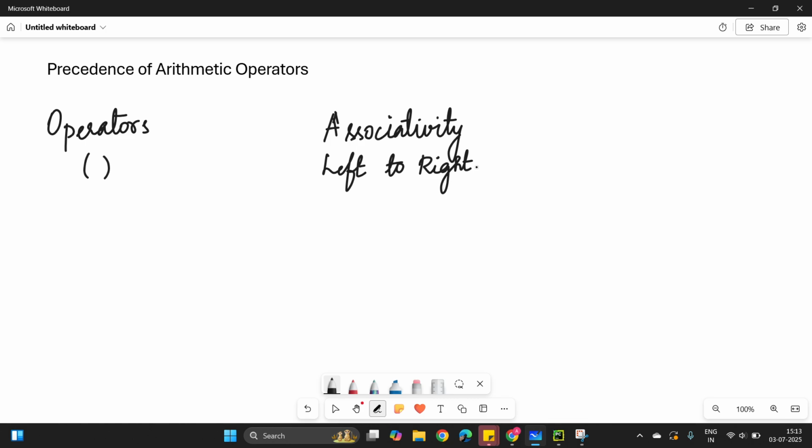This means if there are two parentheses, the left one will be performed first and the right will be performed second. And the next one is power. The power will be performed from right to left.